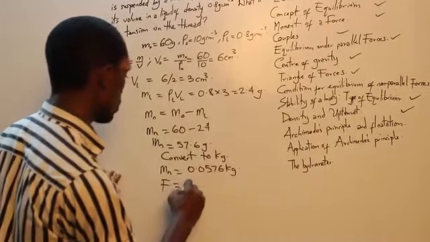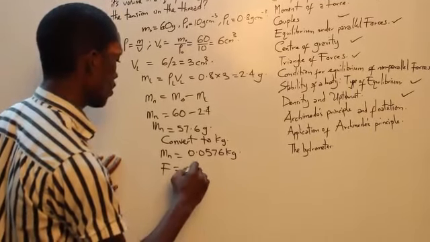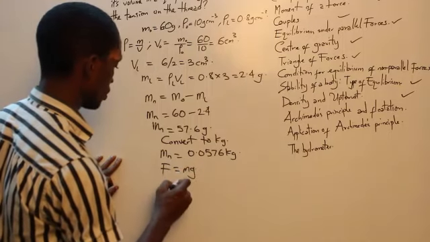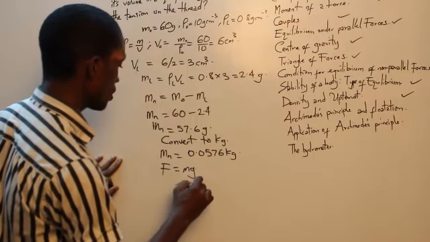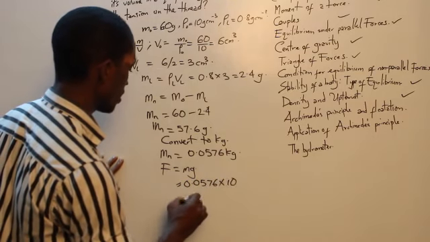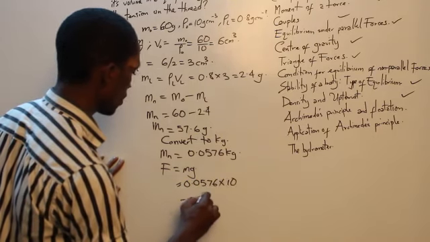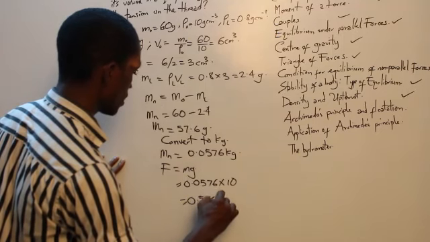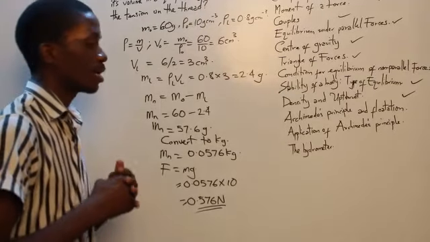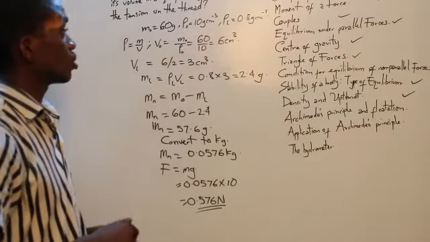So force is always equal to ma, or mg in this case, which would be 0.0576 multiplied by 10, and that would give us 0.576 newtons. So that's the amount of tension that would be on the thread.